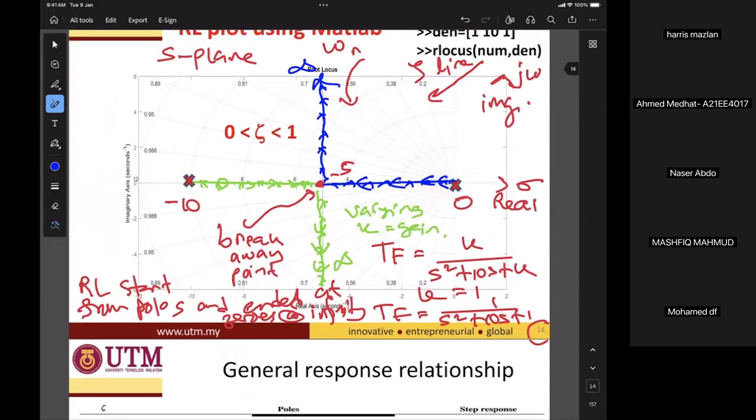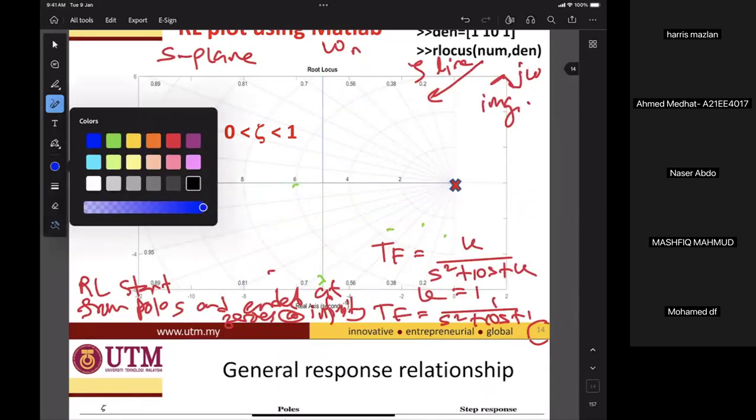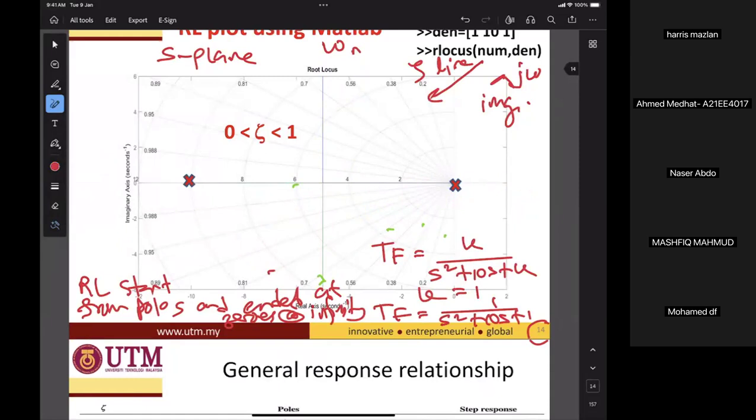It is located in this area, where zeta is greater than 1.